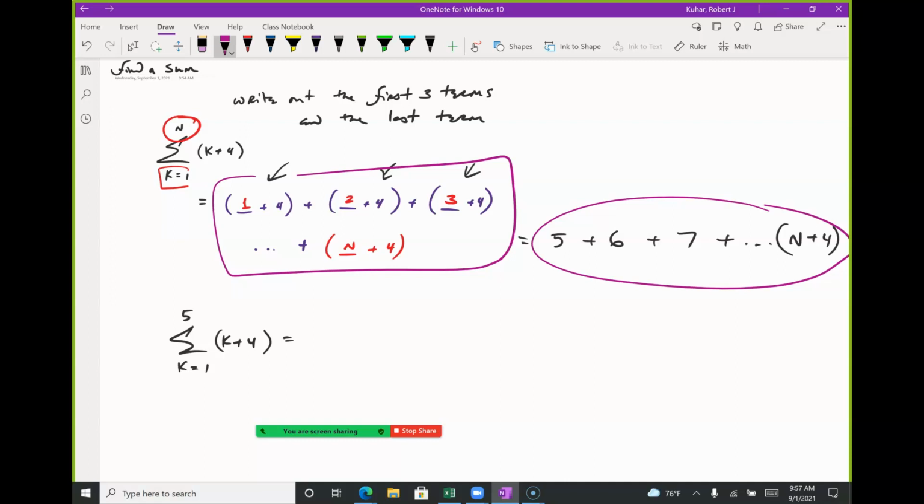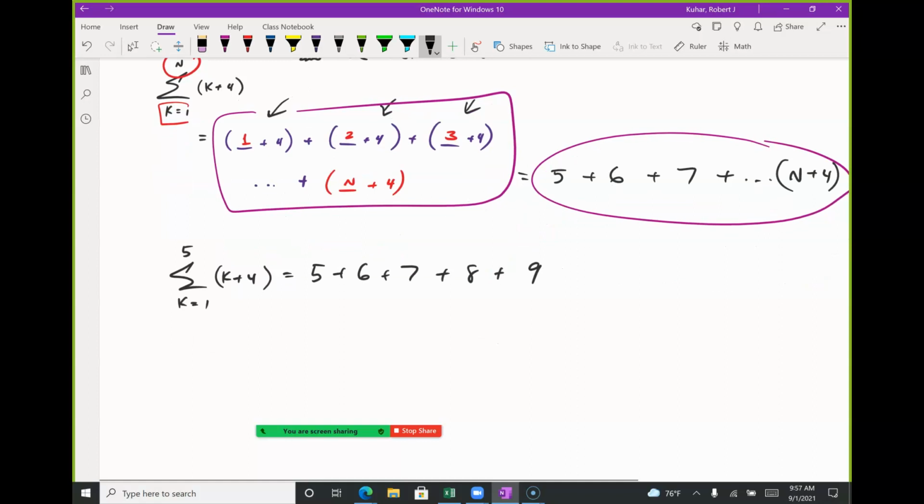Now this one, I can already see what my first 5 terms are, right? 5 plus 6 plus 7. What's next? It should be obvious, right? 8 and 9. Plus 8 plus 9, and then we already got an answer, right? 35, yeah, 35, right?